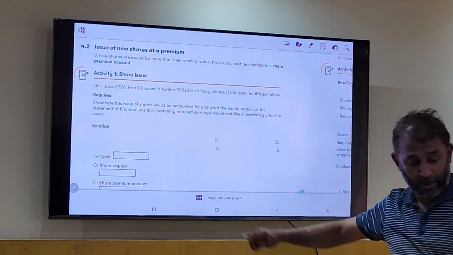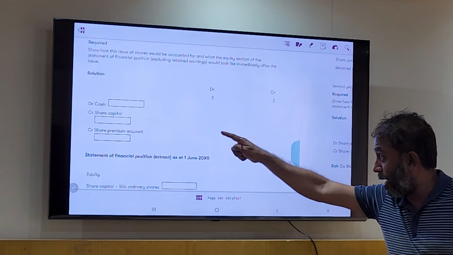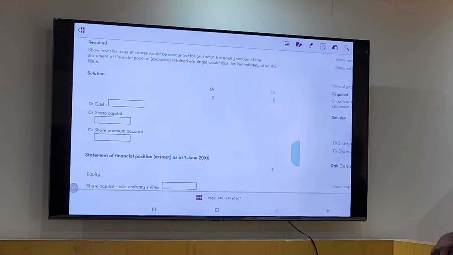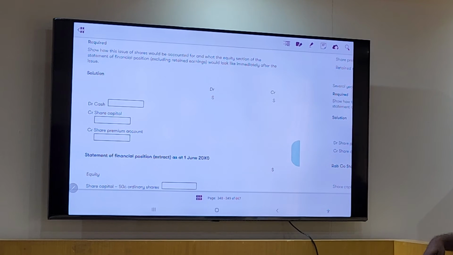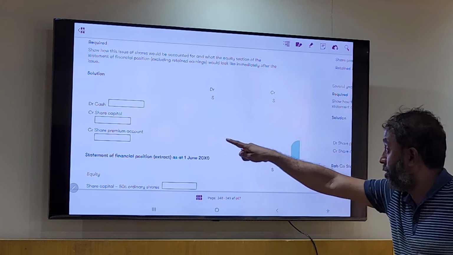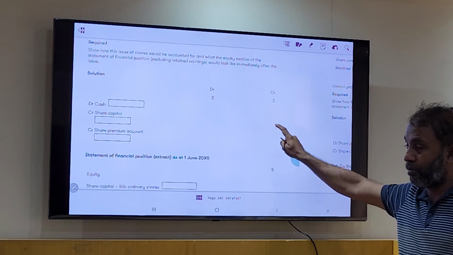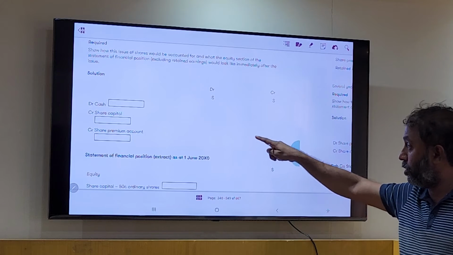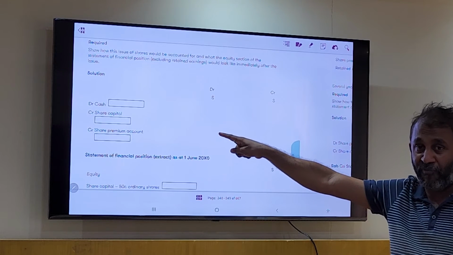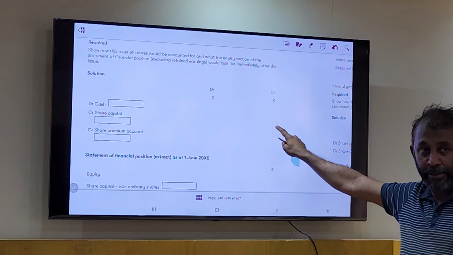Now we have two boxes there. So share capital will be 200,000 into 0.5 and here credit 100,000.